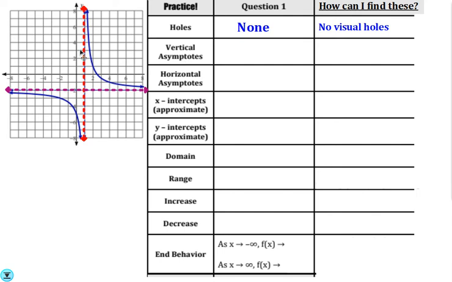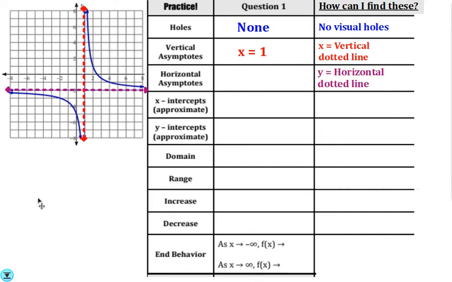Vertical asymptotes. It's not going to be drawn out for you like it is here, but this red line here. So x equals the vertical dotted line. Sometimes the dotted line is drawn for you, sometimes it's not. In this case, I did, just so you guys would see it. So at x equals 1, that is our vertical asymptote.